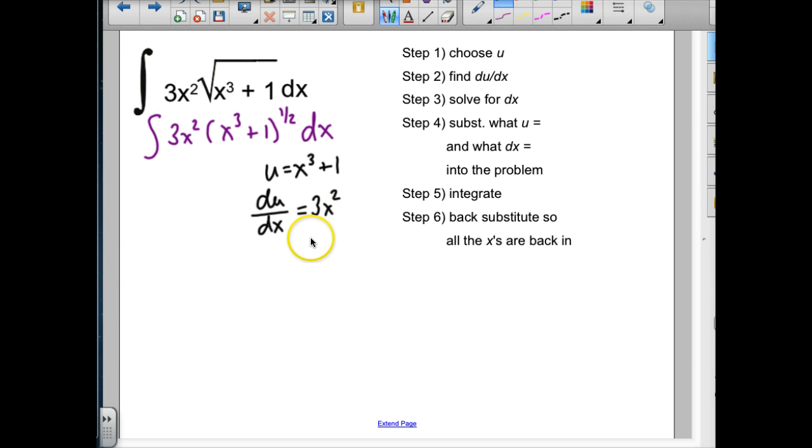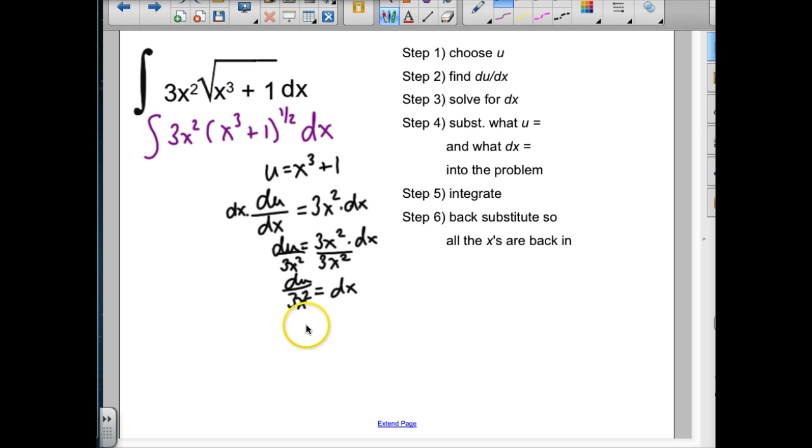Step 3, solve for dx. We want the dx by itself. So you're going to multiply both sides by dx. So du equals 3x squared dx. Still haven't solved for dx, we're working on it. Divide by your 3x squared. So dx equals du over 3x squared.